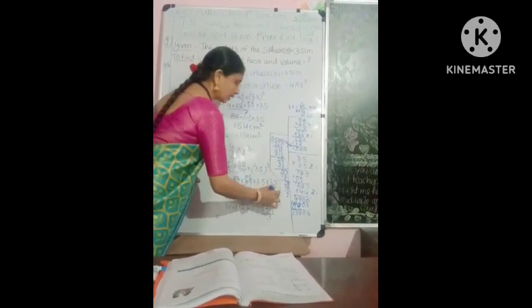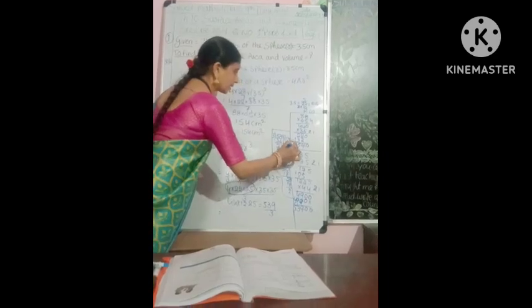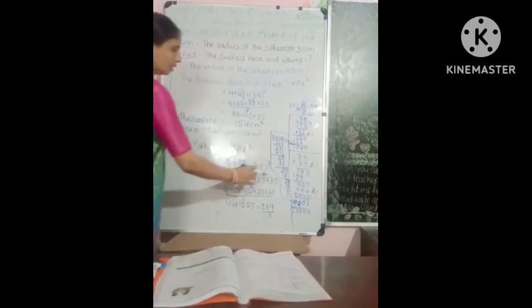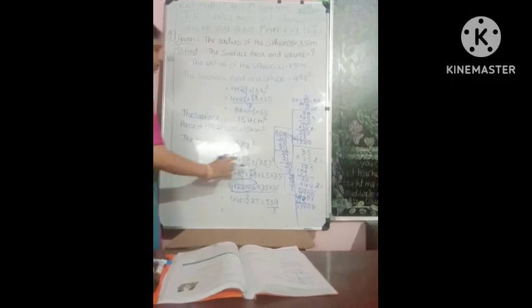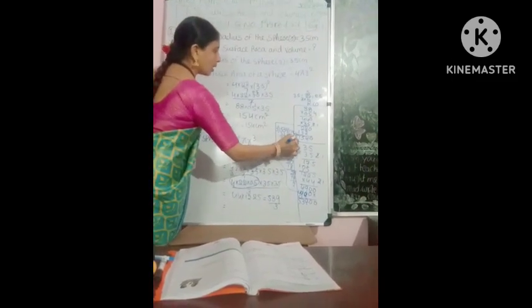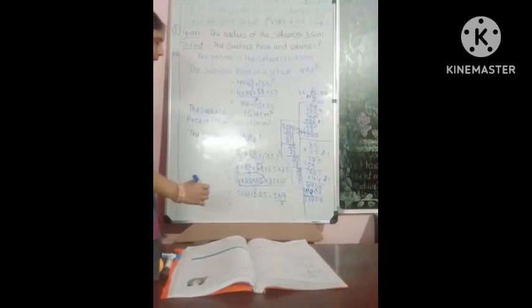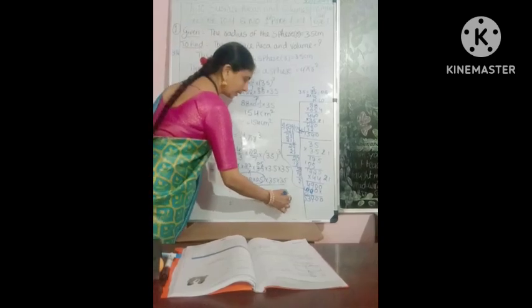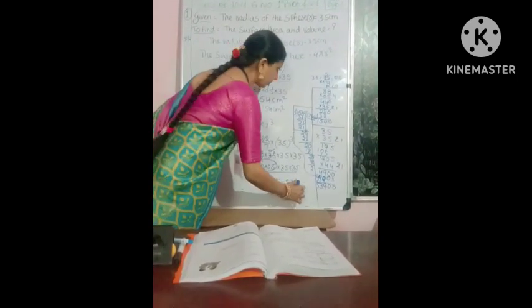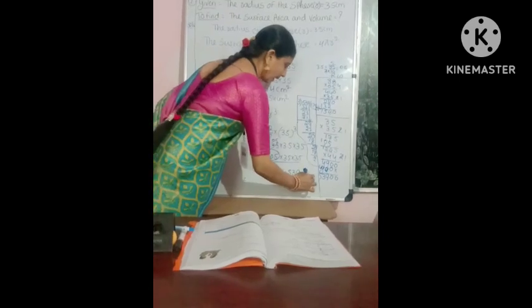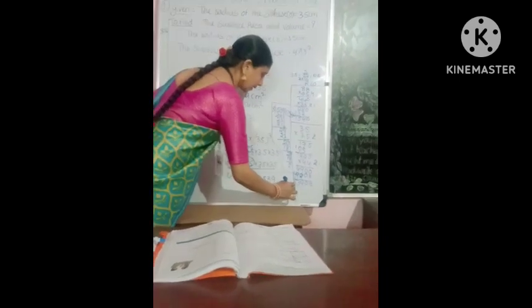This division does not stop here. It is 6 6 6 6, the same value will come only. 20, 22. Remainder is 2 only. So how much of value did we get? 539 by 3, division of these two only. How much of value did we get? 179.666 only.